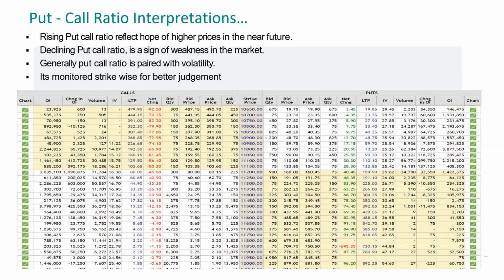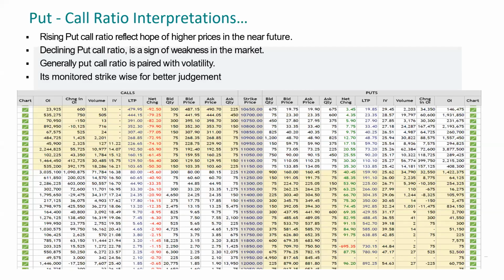So in OI, when you see the maximum build up, can anybody tell me the maximum OI build up on the call side is in which strike? 11,500, right? Not 11,200. If you can see, 11,500 has the maximum open interest, 37 lakhs. After that, we have 11,200. And in the same way, can anybody tell me, on the put side, where is the maximum open interest lying?